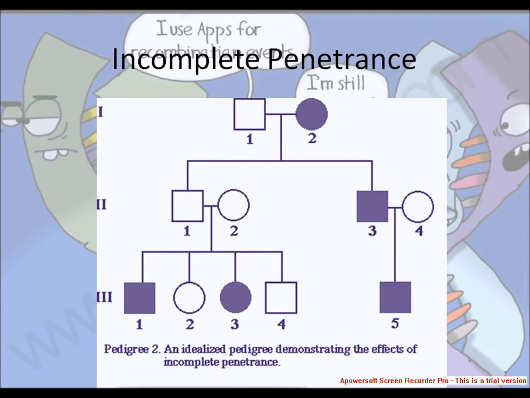Now, this is a perfect example of incomplete penetrance. The disease is passed from the father to the son, from 2-3 to the son 3-5.